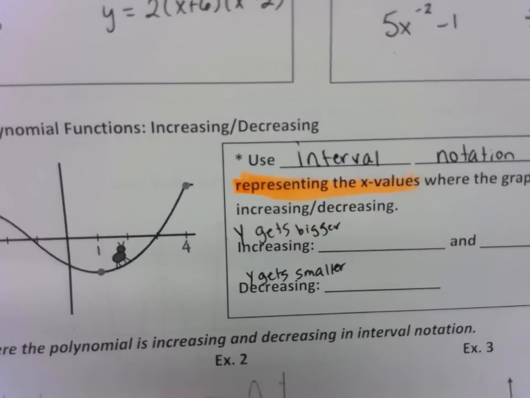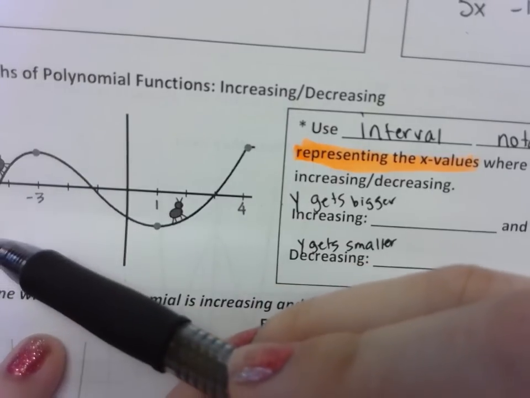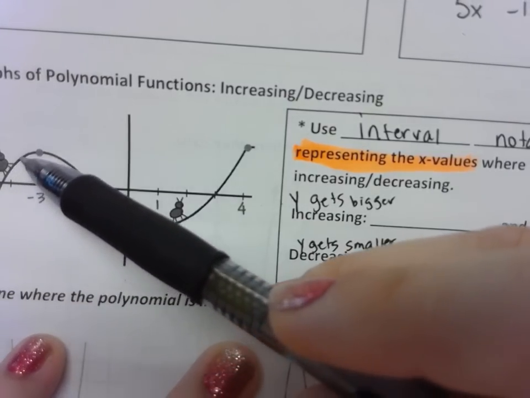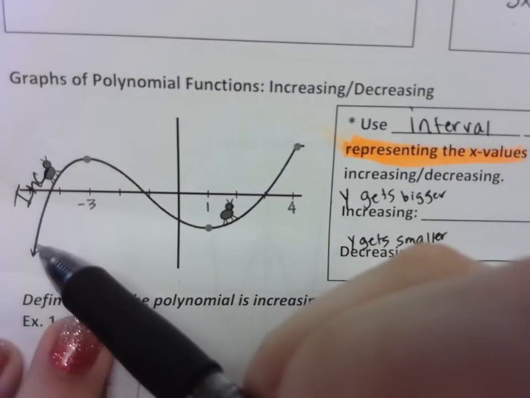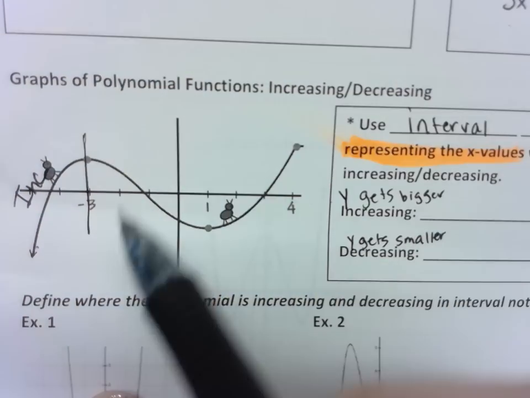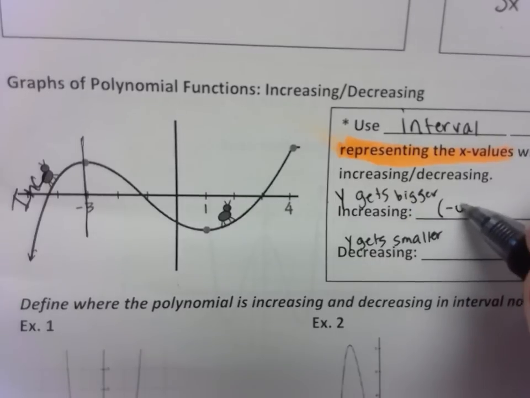Okay? So for instance, over here, this little ant is having to crawl uphill, uphill, uphill till we get here. So over here, we are increasing. What are the x values for which that occurs? Well, this is going to continue going to negative infinity.